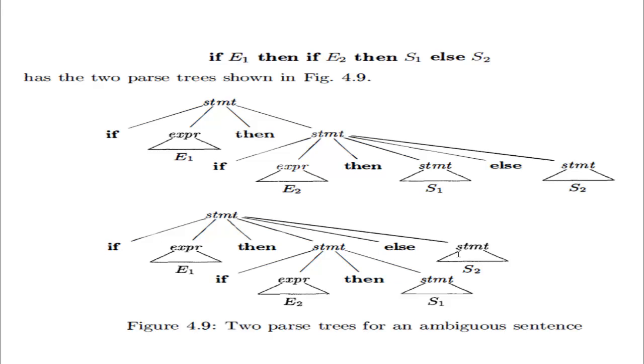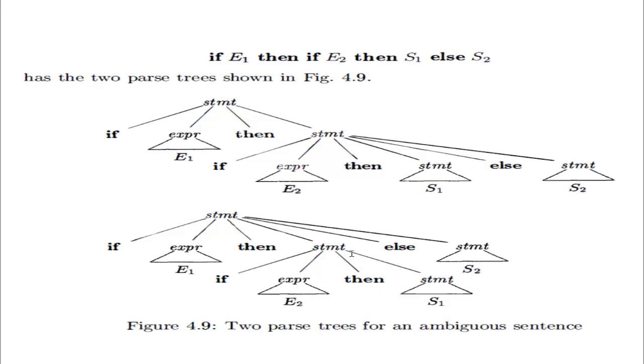Because we don't have the unmatched if inside the then, and we have only matched ifs. This then can have only a matched if inside, which has its else part. So this else can only go to this if, which is its matching pair, right? Unlike this, where inside this then I got the unmatched if.